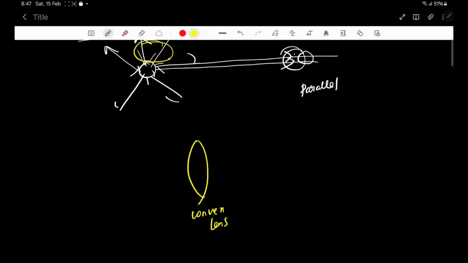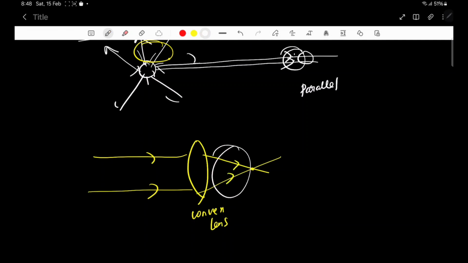Right now, understand this. A convex lens is a kind of transparent glass which can converge the light rays falling onto it. If you focus on these light rays, you can clearly sense that they tend to converge at a point. That's why these beams are called a convergent beam.